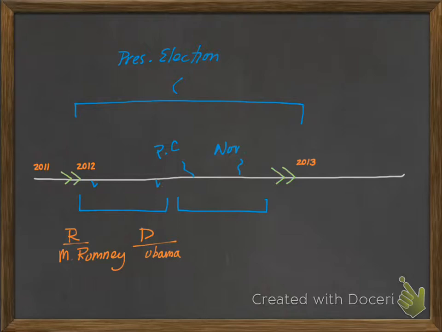So that's the 2012 election cycle. Of course, Obama goes on to win the general election against Mitt Romney. But also, as you recall, going back to our idea of presidential terms, once Barack Obama wins in 2012, then he starts his second term, and so once his term is up in 2016, he cannot run again. So the Democrats will have to find someone else.